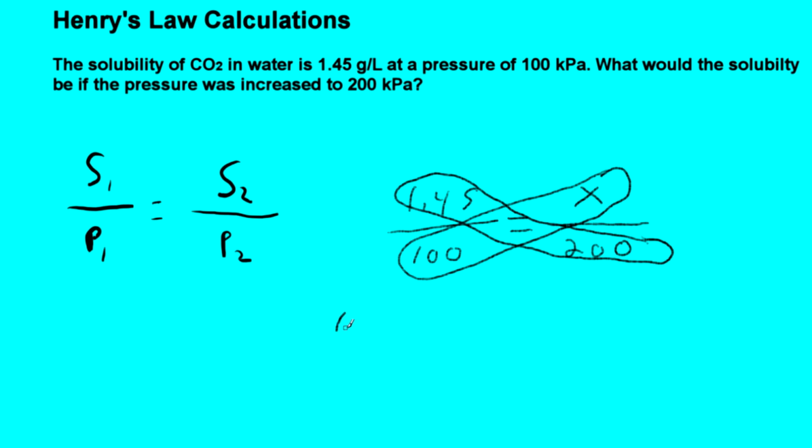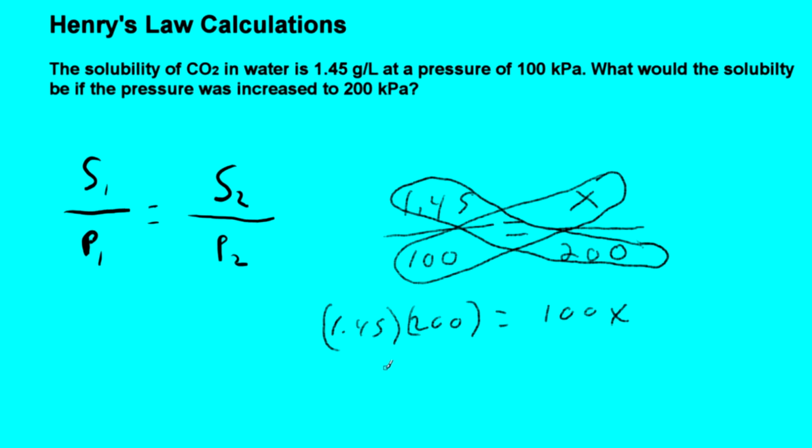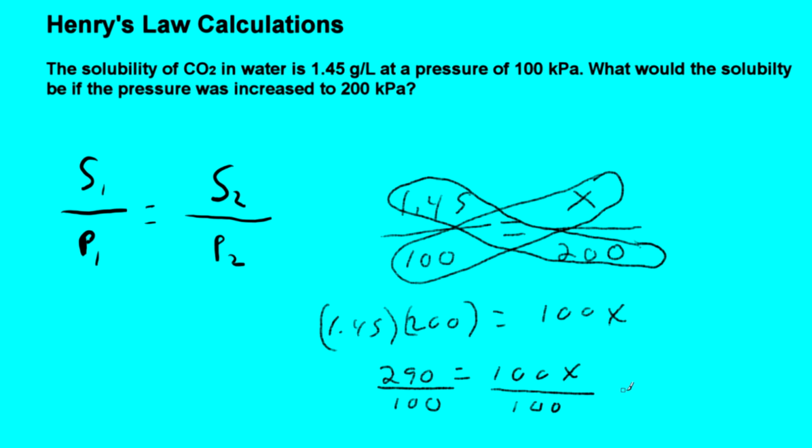So we go 1.45 times 200 equals 100x. This comes out to 290 equals 100x. Divide by 100. Remember, you always divide by the number that's next to your x because you want to have the x be alone.